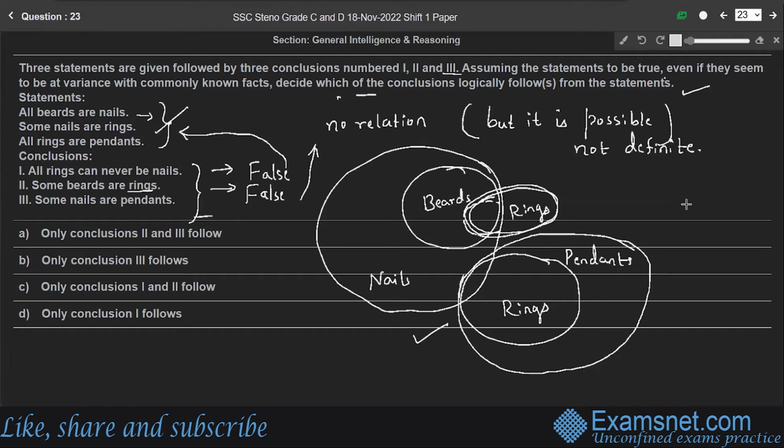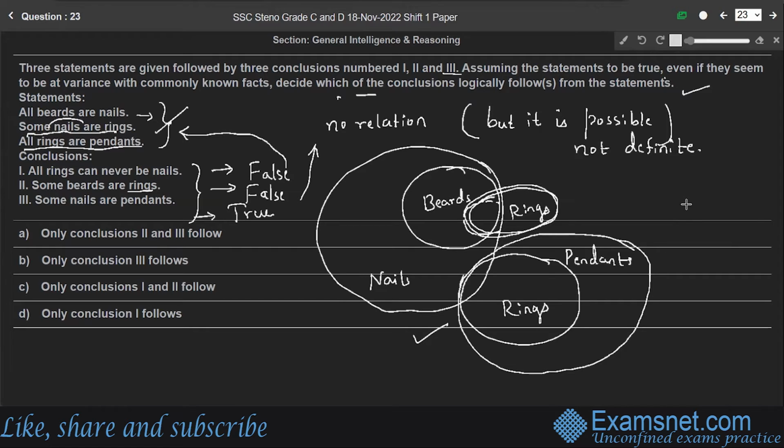Next, third one, some nails are pendants. It's a true conclusion because all rings are pendants according to the third statement. The relation between pendants and nails is not directly given, but the relation between rings and nails is given. Some nails are rings.